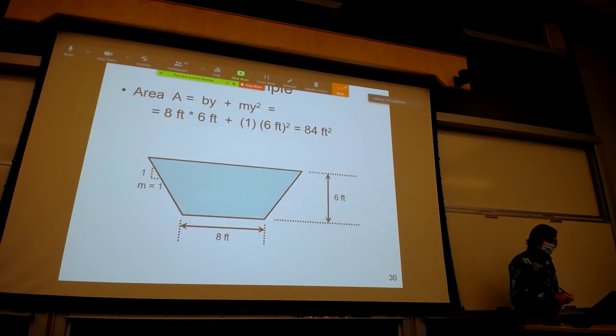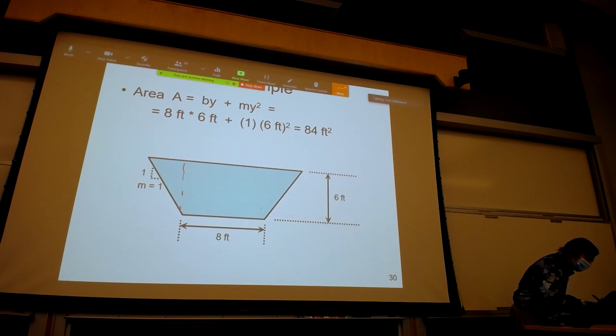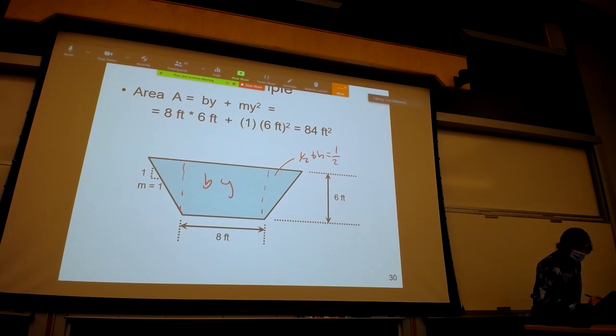The area of a trapezoid is the area of a rectangle, B times y, and then 2 areas of a triangle. And for that triangle, the base is this dimension, and that dimension is my.